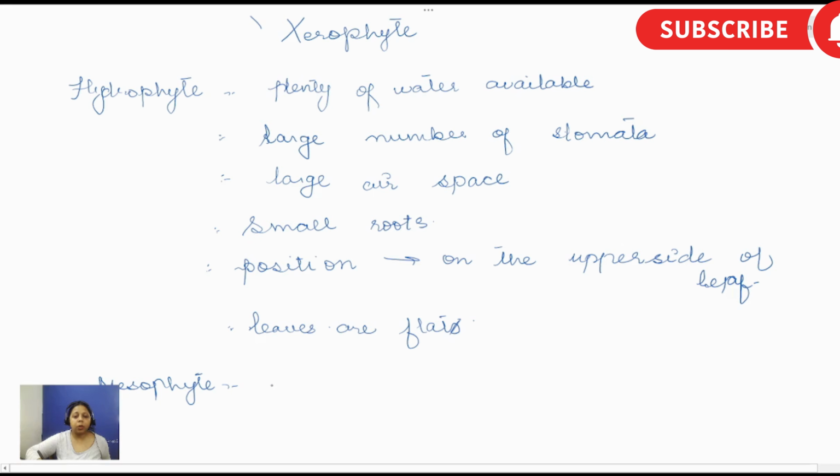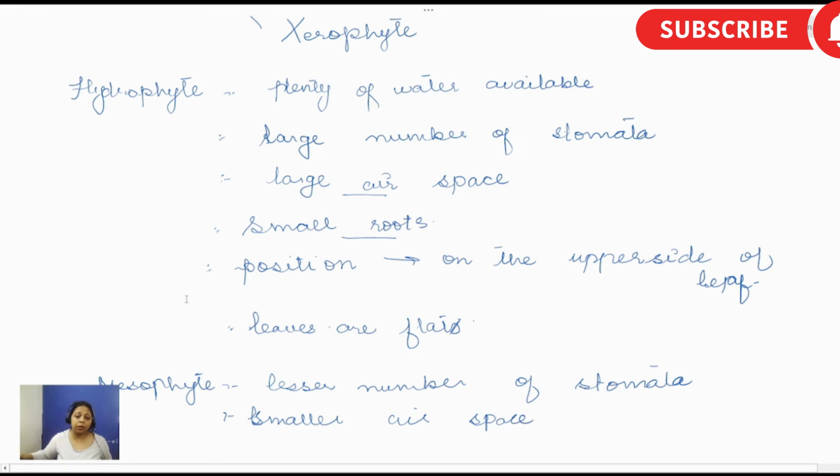So what is the adaptation? There are no large air spaces because they need to conserve water. Let's write. There is a lesser number of stomata, the very first thing, so that water can be conserved. Number two, there are smaller air spaces.